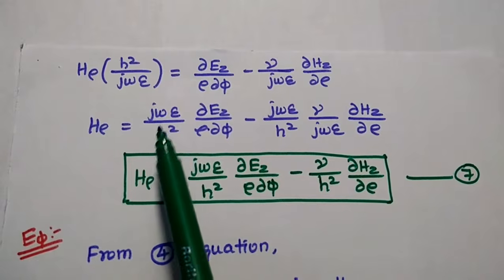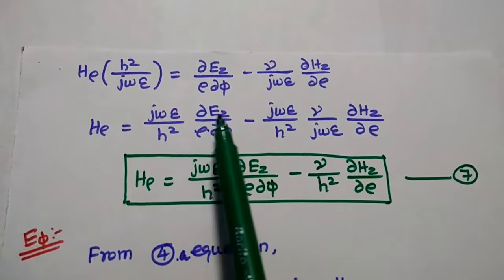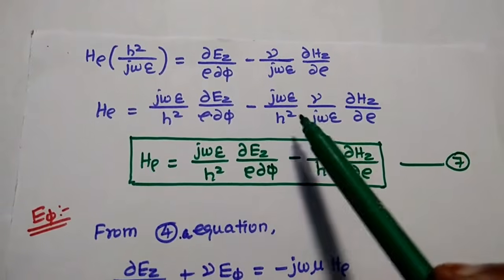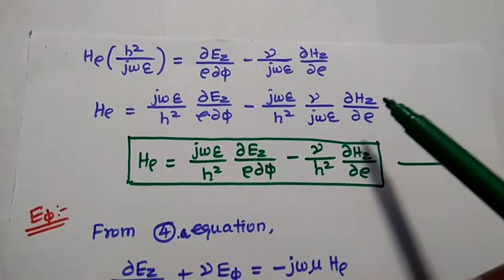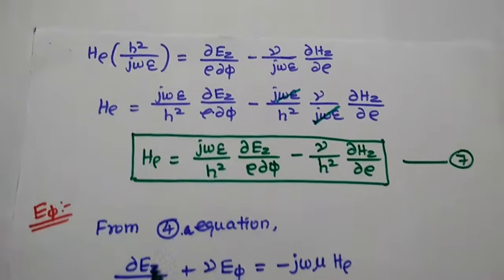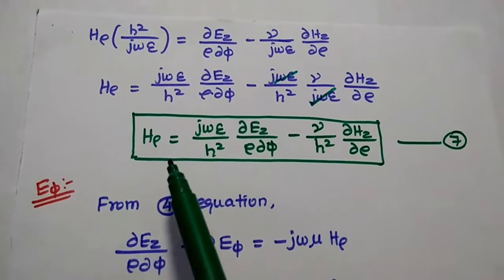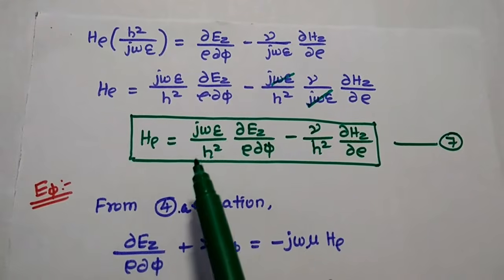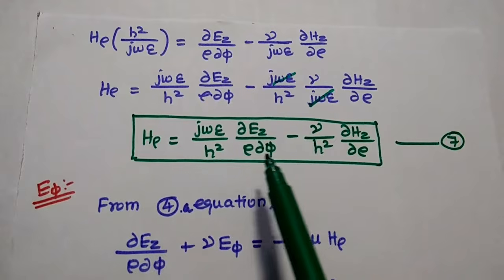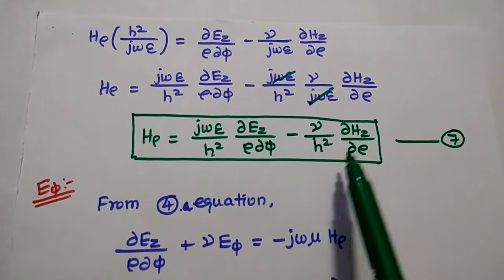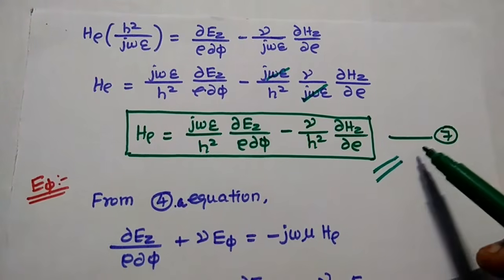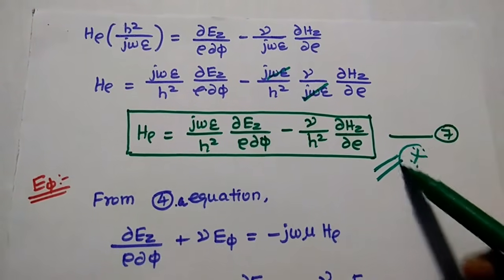So Hρ is equal to jωε/h² ∂Ez/ρ∂φ - jωε/h² into γ/(jωε) ∂Hz/∂ρ. Then we can divide these two values. So finally we can get the Hρ component as jωε/h² ∂Ez/ρ∂φ - γ/h² ∂Hz/∂ρ. So this is the seventh equation. So this is the field component Hρ.